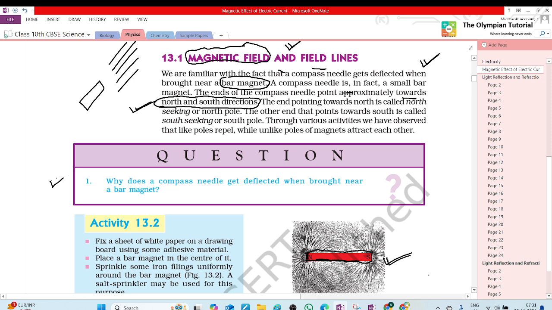What is the question? Read the question. Why does a compass needle get deflected when brought near a bar magnet? Can you tell me, Ayukta? Ma'am, is it the magnetic effect? This is due to the magnetic effect. What about you, Thania?